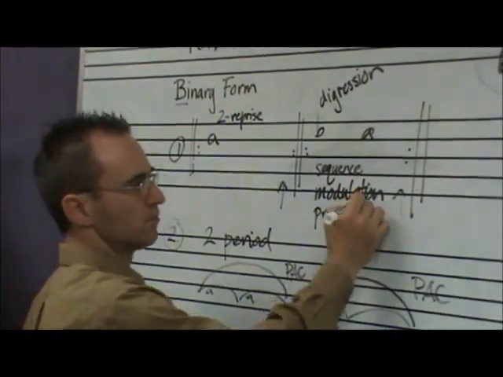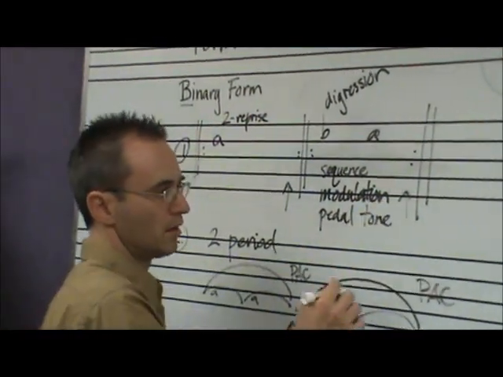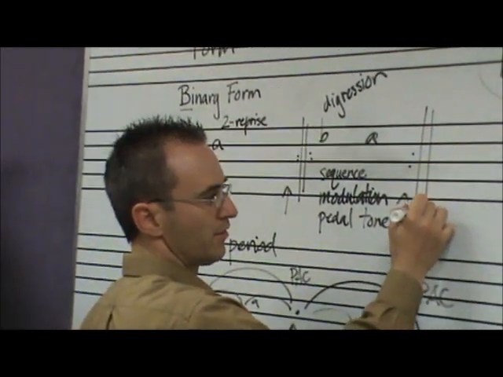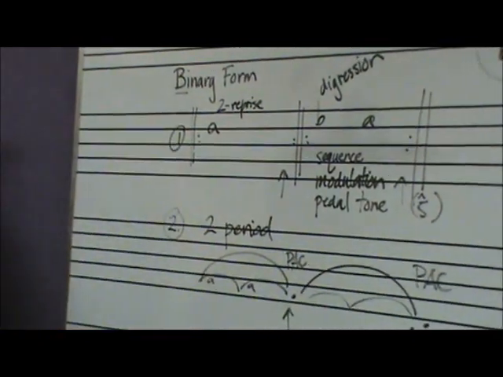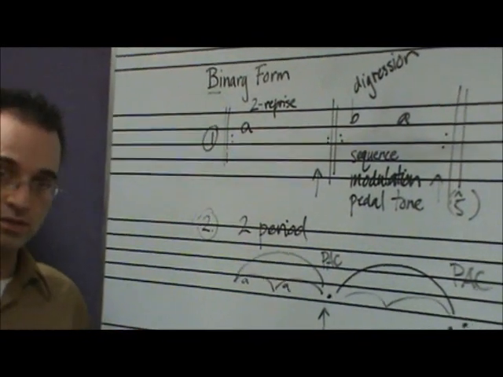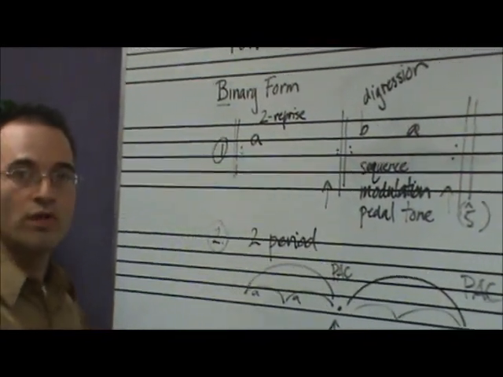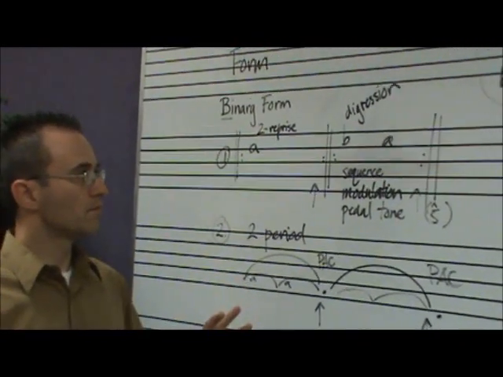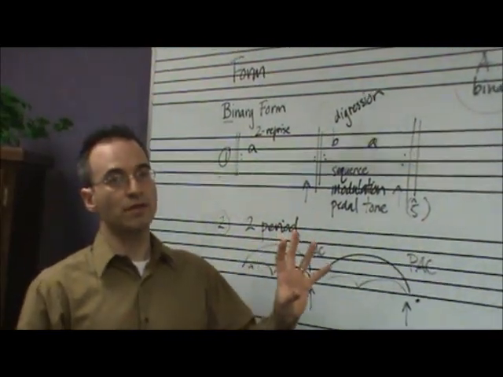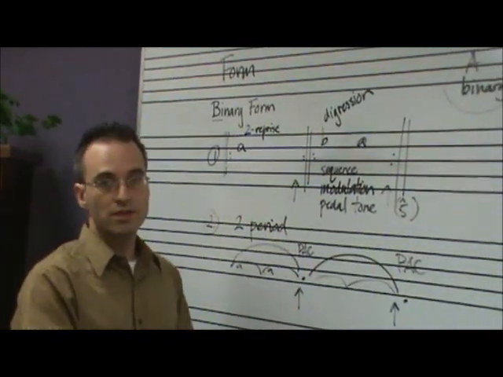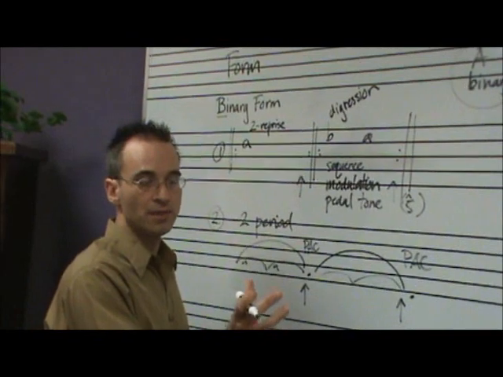Pedal tone. And I'm talking about in the bass. A lot of times it's scale degree 5. That's a real common bass note to just hang out. It'll serve as a pedal tone, sometimes for the whole digression. Sometimes it comes in a little later. If it doesn't take up the whole thing, if I had to guess, I would say it'd come at the end.